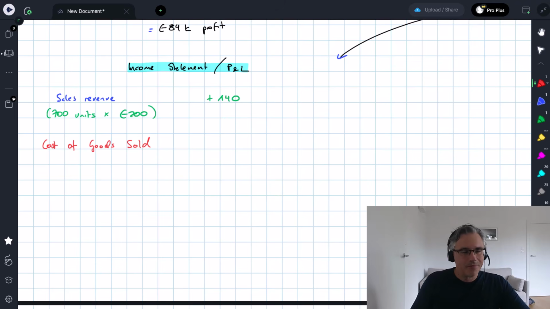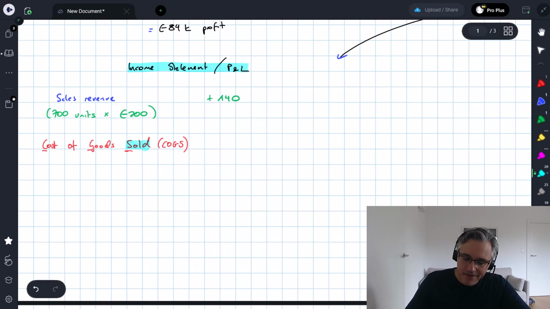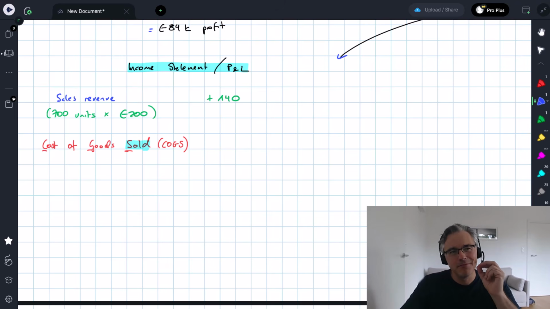Now, I've actually written the term using capital letters for the individual words, because very often you'll find that this is abbreviated to COGS, cost of goods sold. And once again, I want to emphasize that the word sold here is used very intentionally.